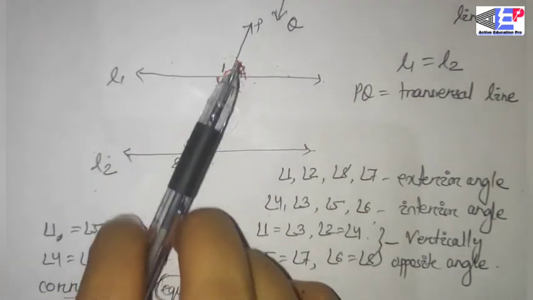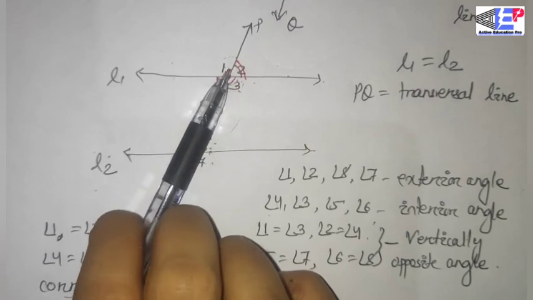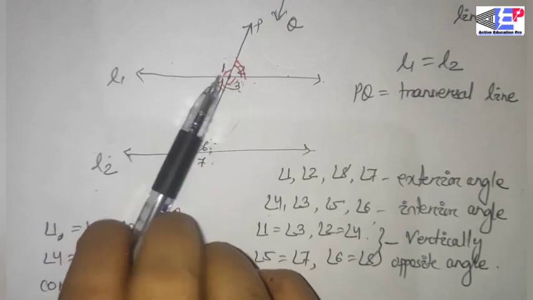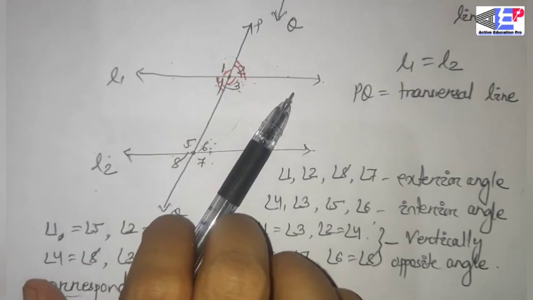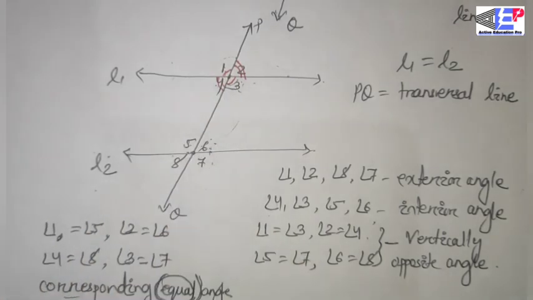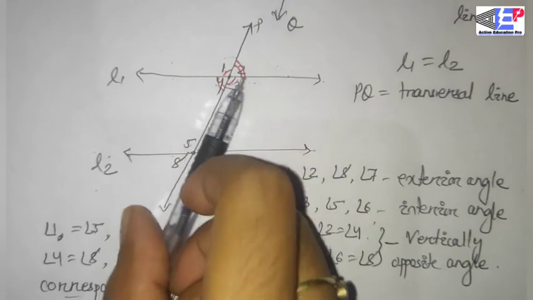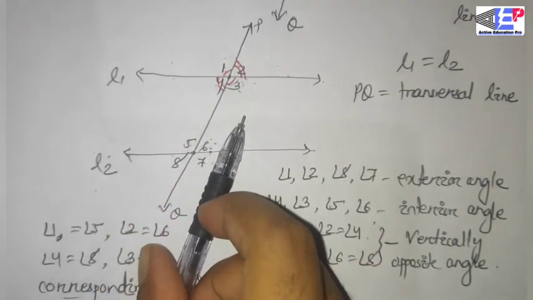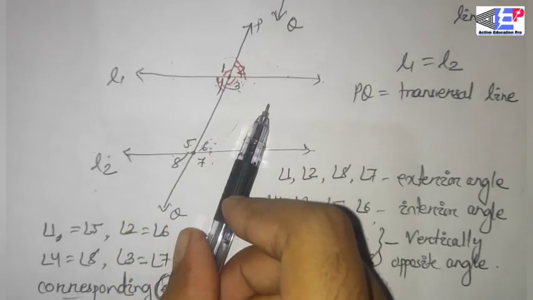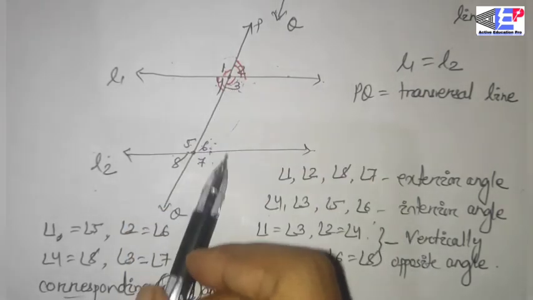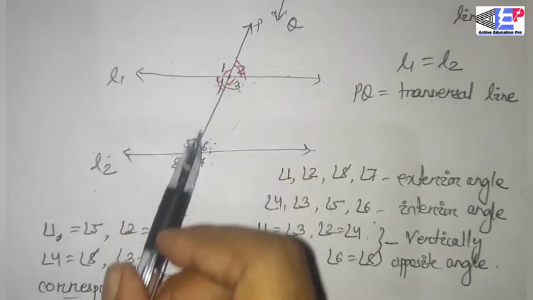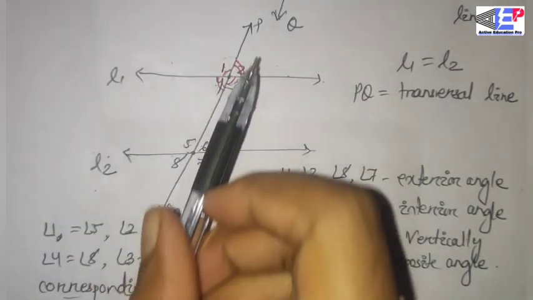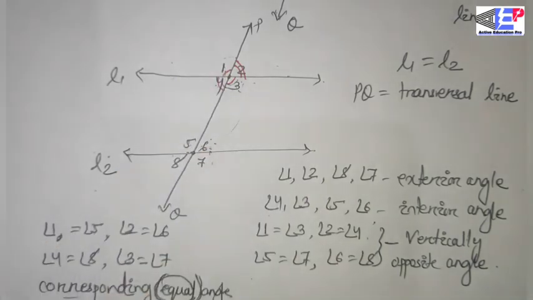But here 4 and 5 are the left sided interior angles and 3 and 6 are the right sided interior angles, according to their direction. 3 and 6 are the right side interior angles, 2 and 7 are the right side exterior angles, 4 and 5 are the left side interior angles, 1 and 8 are the left side exterior angles.